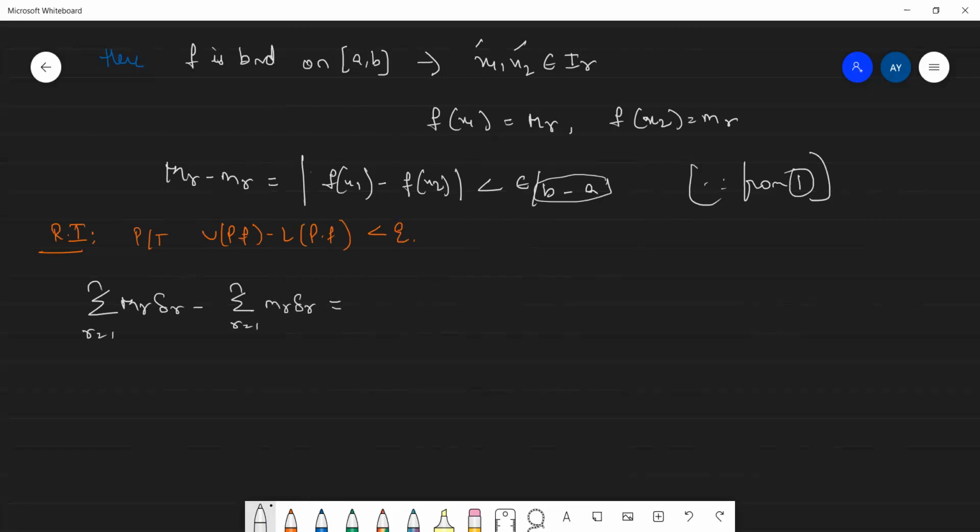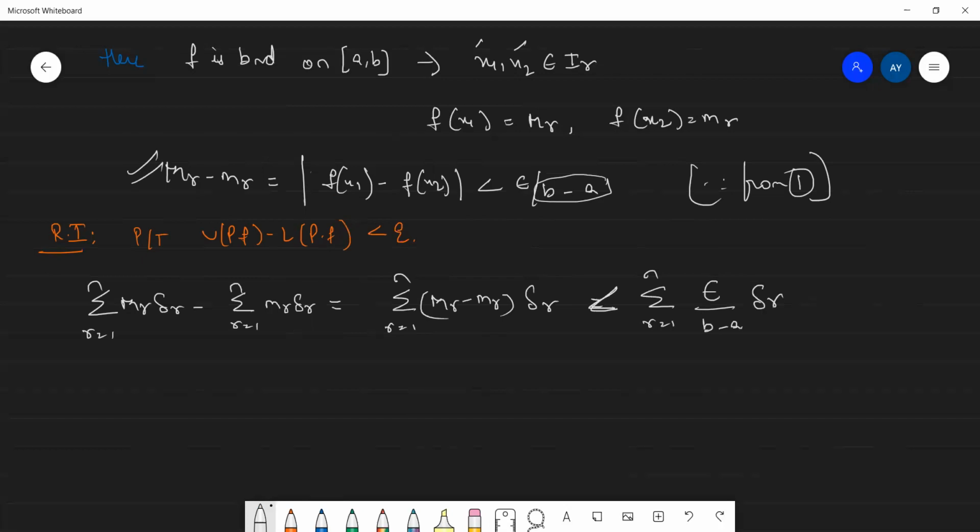From this we take delta r common. So you'll have the summation r equals 1 to n of (capital Mr minus small mr) into delta r. This is equal to the summation r equals 1 to n. What is capital Mr minus small mr? This is less than epsilon by b minus a, into delta r.